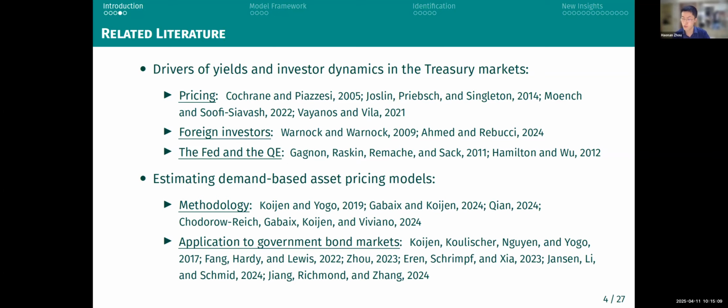But also, for instance, some of the accounting treatments, held to maturity accounting, and also some of the post-COVID situation is also going to contribute a little bit.